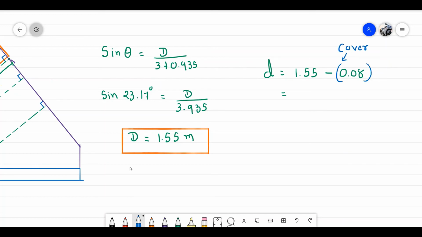We provide 80 mm cover. So the value is 1.47 meter. Okay, this is the clear depth.